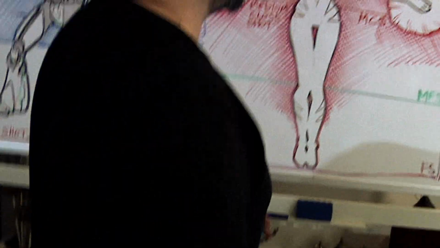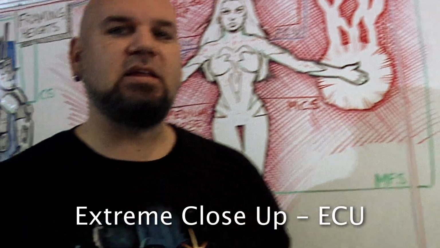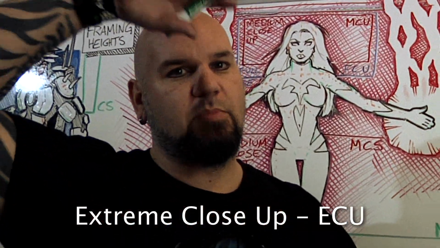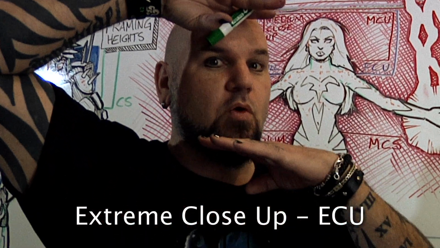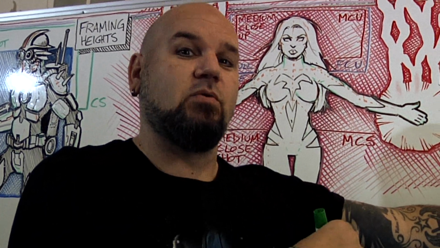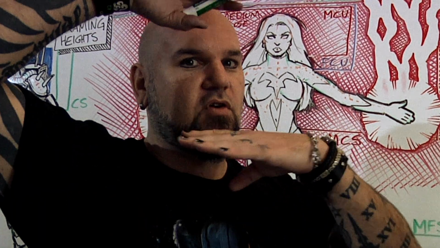All right, there is one more, and if you're a fan of Wayne's World, this is the extreme close-up. By definition, this is whenever you're close enough to the face where you're cropping off the top of the head and/or the bottom of the head, but this is a little bit more vague. It's kind of bringing it back to where we were with long shot, where that was vague in how far away it was. This is vague in that it's close enough that you're cropping some of the face.